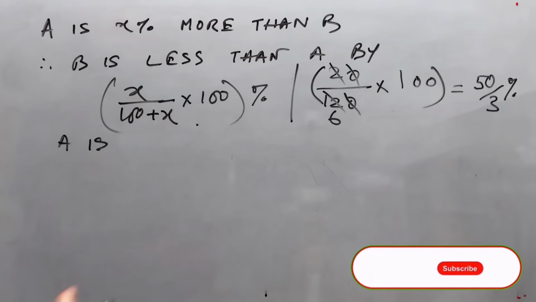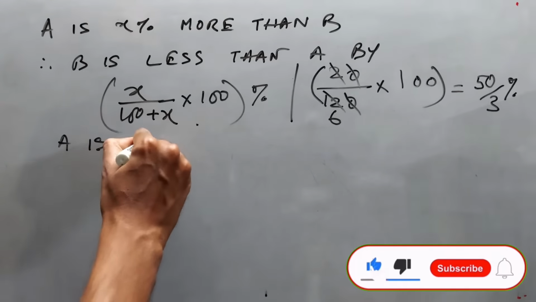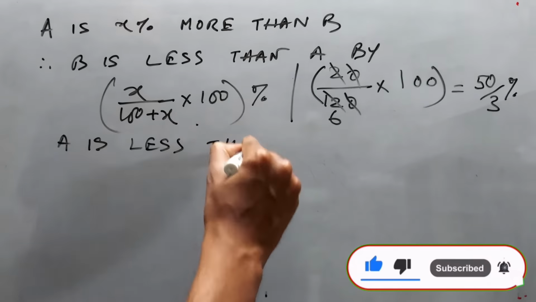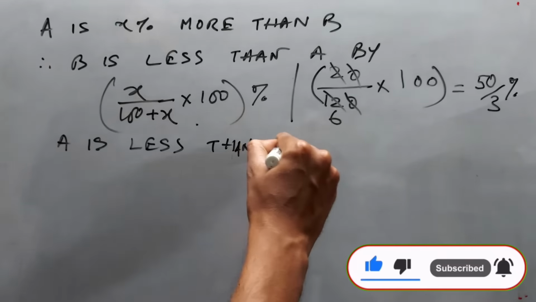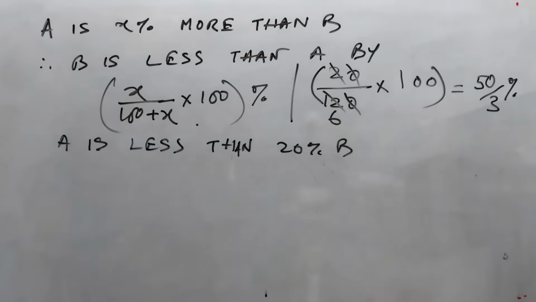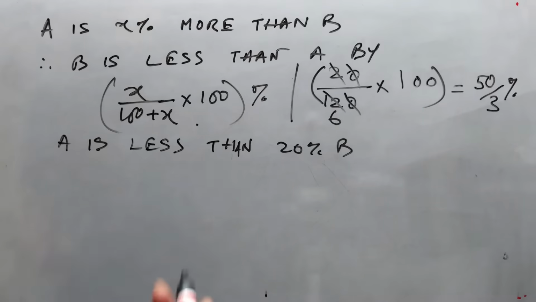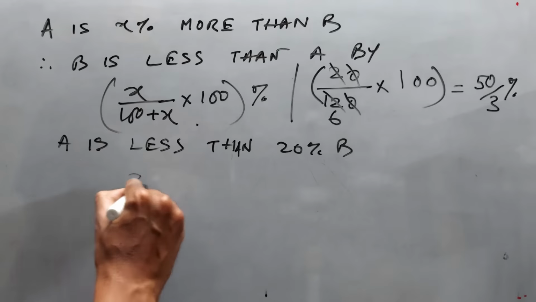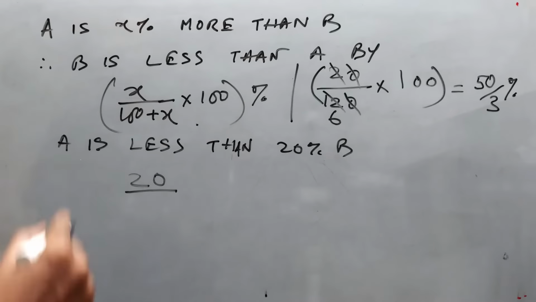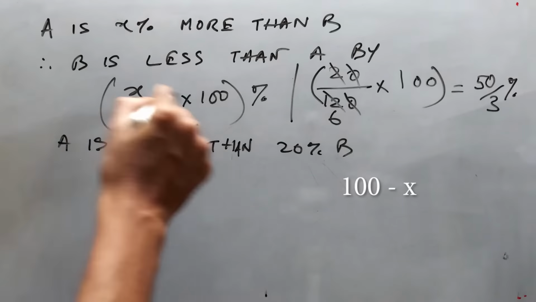Now in case of the opposite thing, like a is less than b by 20%. Okay, so b is more than a, right? We have to find the formula. So it's reverse basically. X is 20 and here 100 minus x.